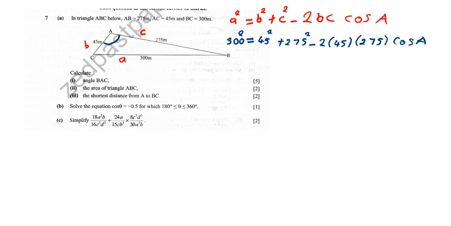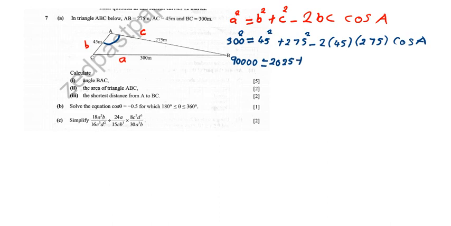So 300 to the power 2. What are we getting? We are getting 90,000. So we write 90,000 is equal to. So when we do 75 squared, we are getting 5625, so we have 5625 plus.